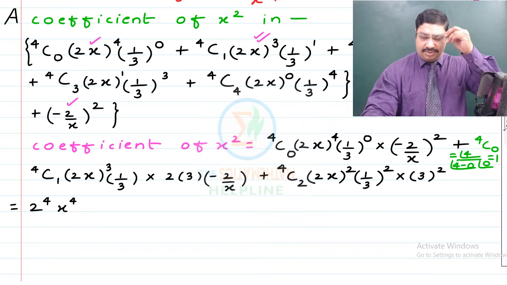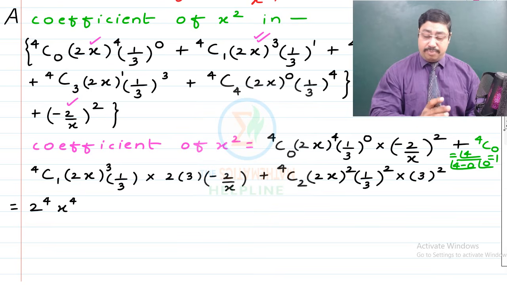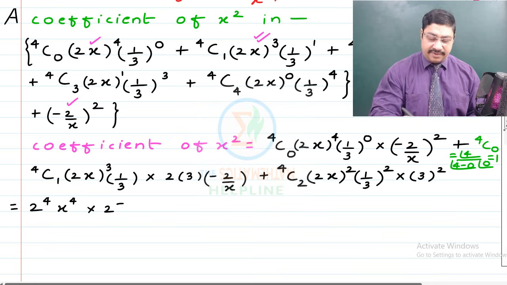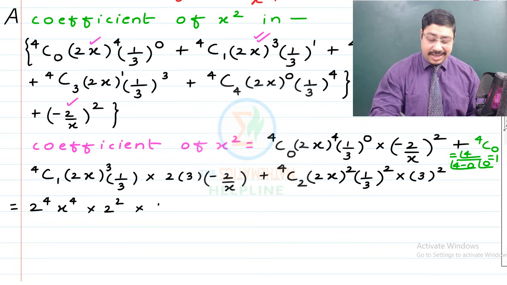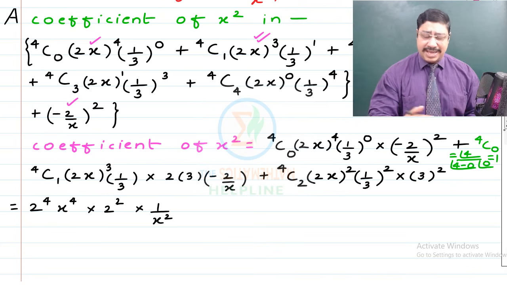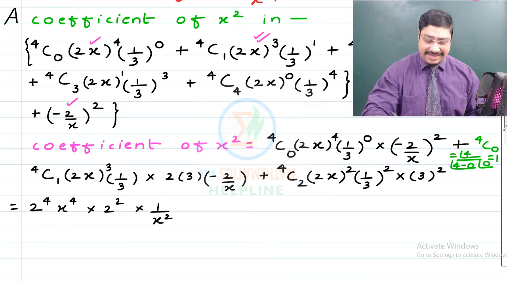So that is the reason why this is going to be a positive term, right? And plus 1 multiplied within will actually again vanish. So now you'll be left with 2 square, and further you will also be left with an x square in the denominator. Now this is how, when we apply the rule of indices, you will get a term with x square here, which we will do in the next step.